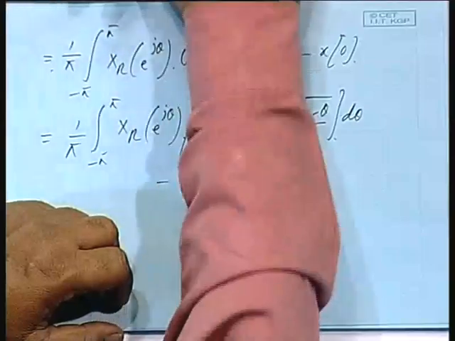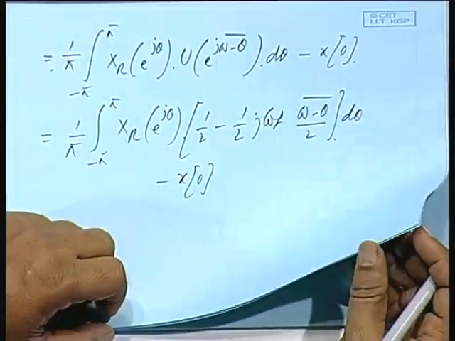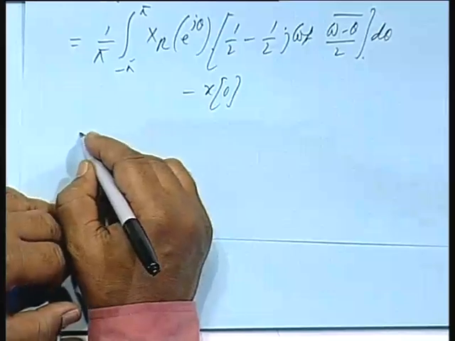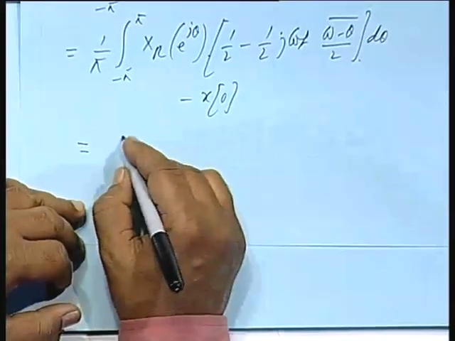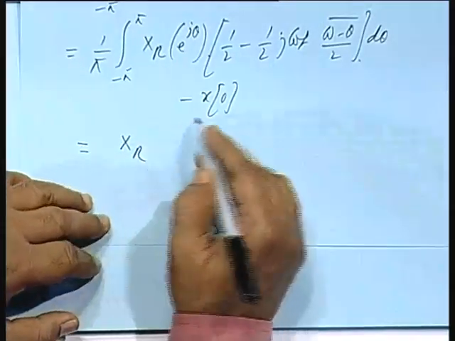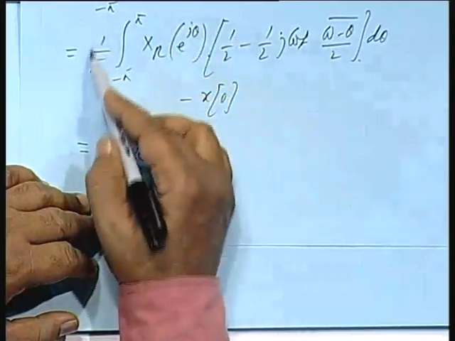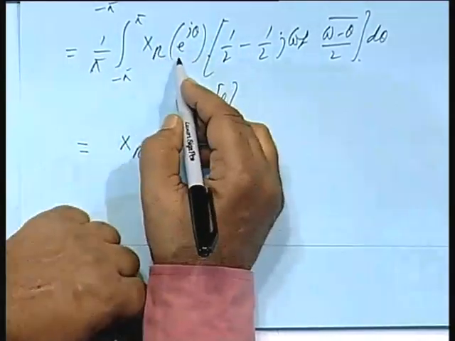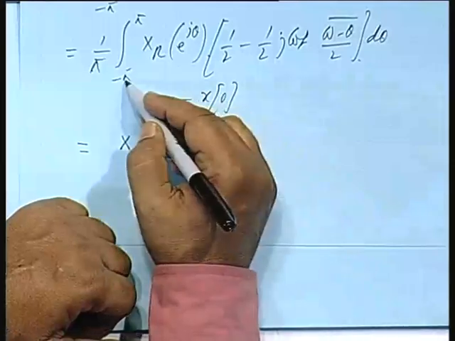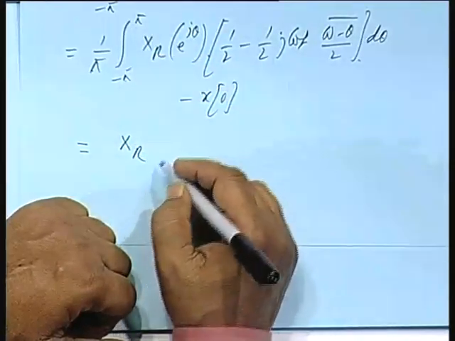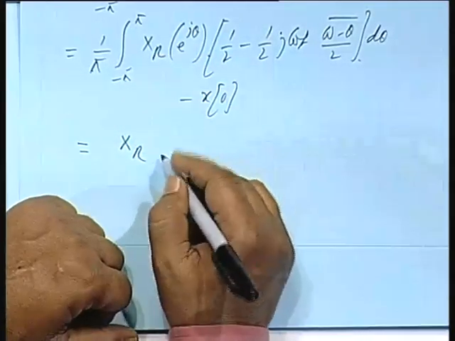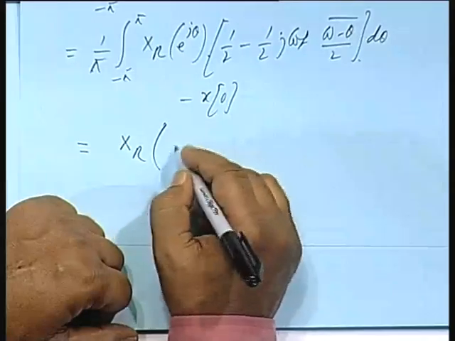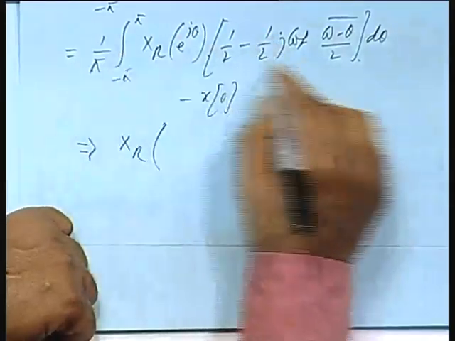So, finally, the relationship is, this is nothing but this one, first part. If you see, this will be 1 by 2π X_R(e^{jθ}) integrated over this, so that will give me X_R. Now, you can simplify this.